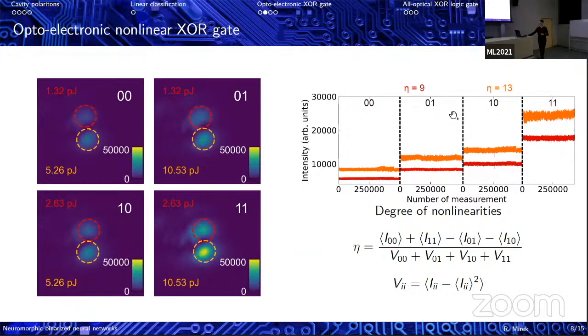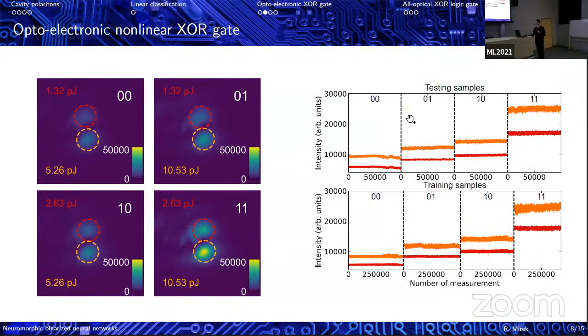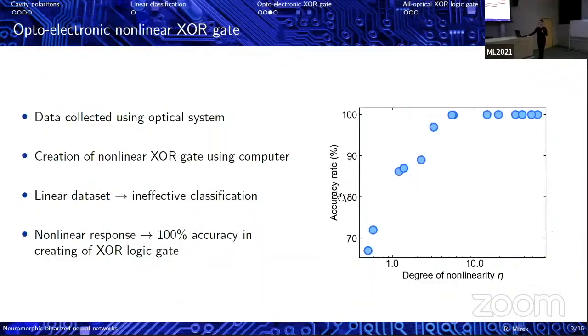And what we did was linear classification, which was done later. We produced the samples for testing and for training. It was a lot of them, like hundreds of thousands. We performed XOR gates, and then we tested if the operations are really making this XOR operation.